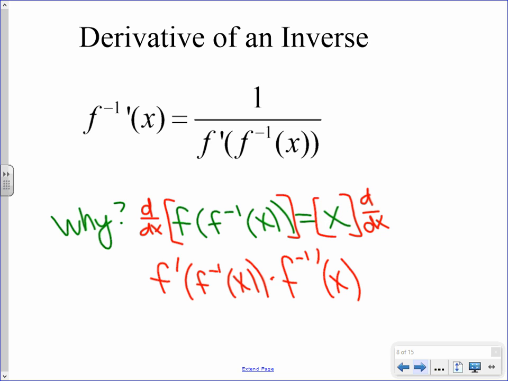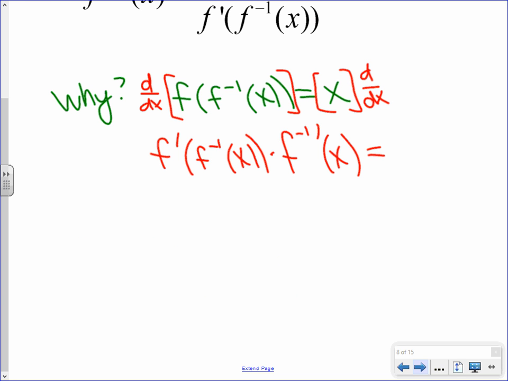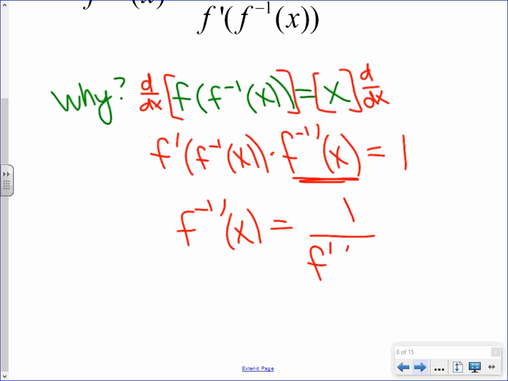Okay, so f inverse prime equals, what's the derivative of x? 1. Okay, so this is what we're looking for, right? F inverse prime of x is 1. We can divide this over f prime of f inverse of x.